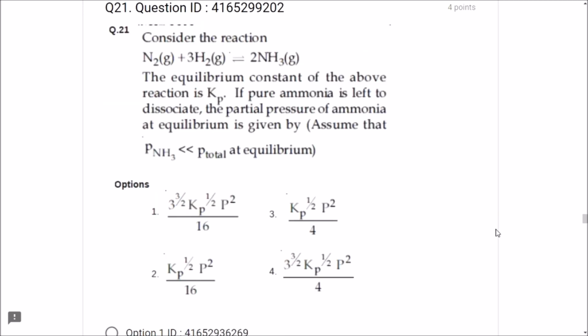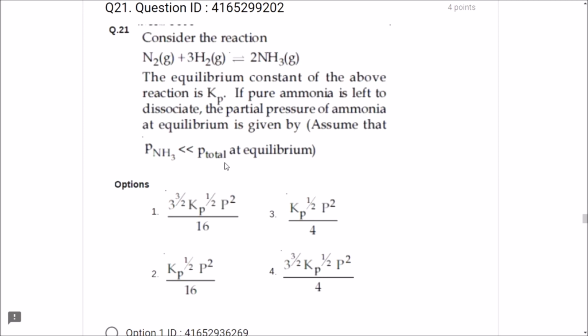Question number 21. Consider the reaction, that is nitrogen in presence of 3 moles of hydrogen gives rise to ammonia. So equilibrium constant of the above reaction is Kp. If pure ammonia is left to dissociate, so reverse reaction, the partial pressure of ammonia at equilibrium is given by, assuming that pressure of ammonia is far less than total pressure at equilibrium.